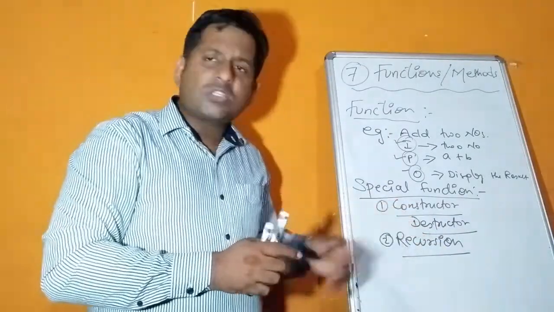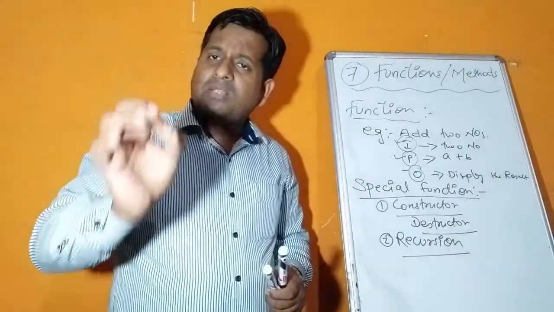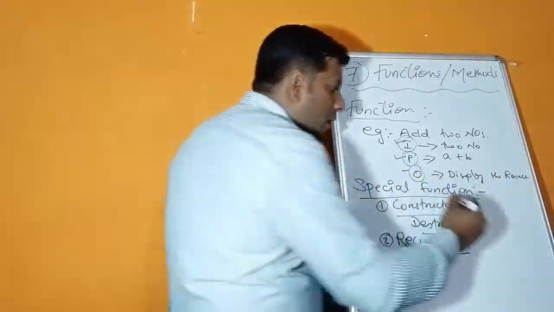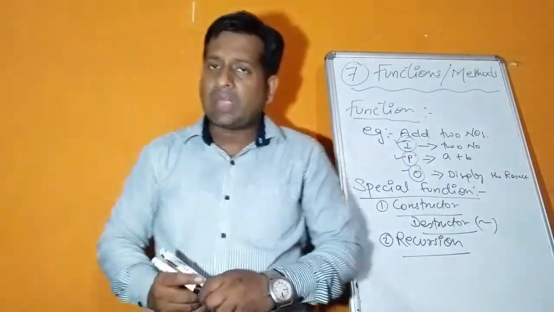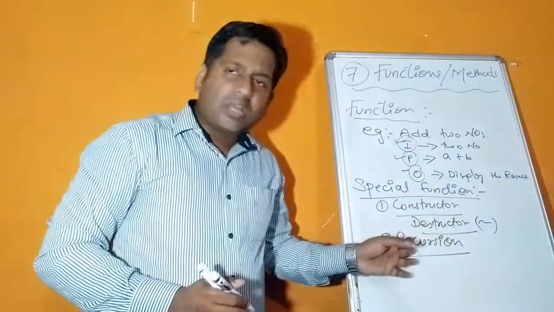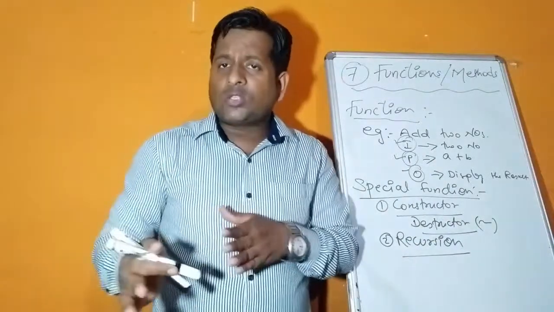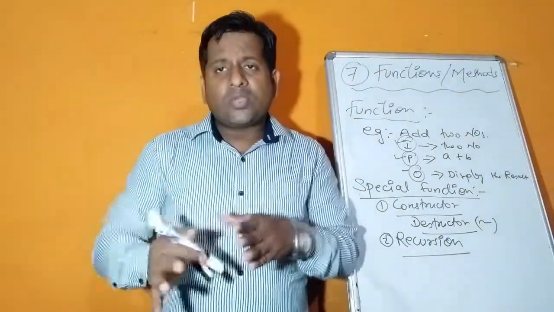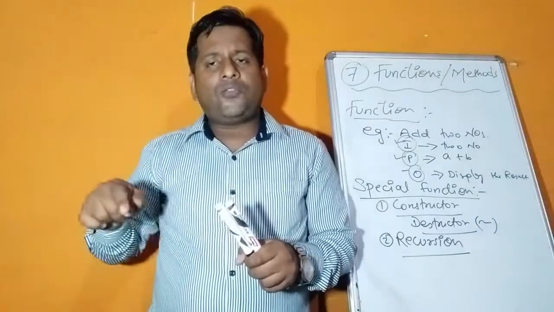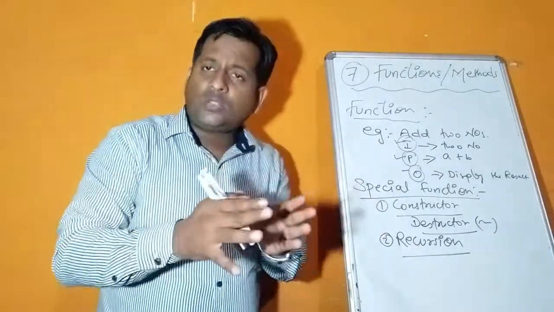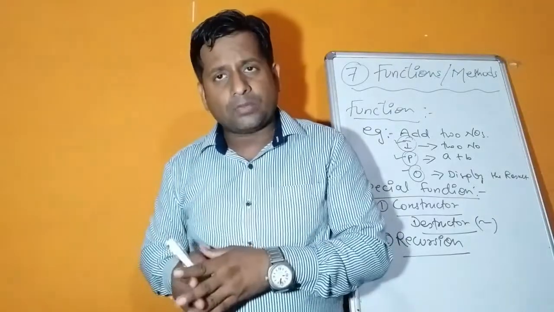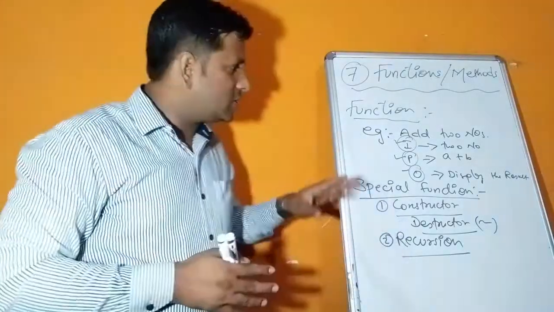When we use destructor, the name is the same, class name and function name same, but only a symbol known as tilde will be used before the function name. Okay, and recursion is another special type of function. Reason: it calls itself again and again till the condition is true. That means it is similar to the iteration type programs. So is this clear, children?